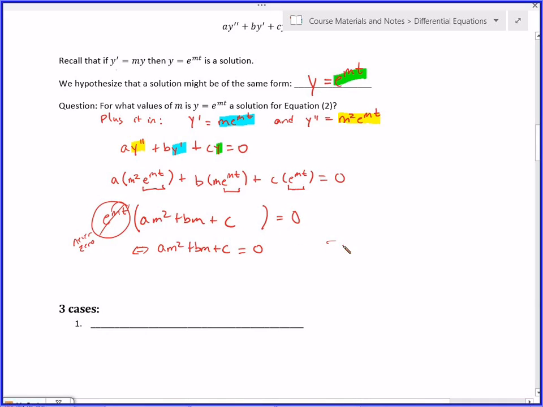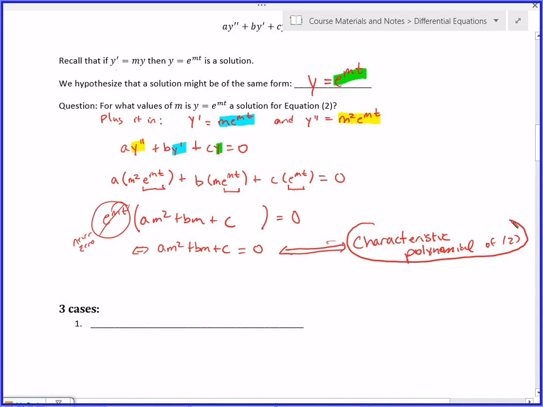This, by the way, has a name. It's called the characteristic polynomial. Particularly of that equation 2 at the top of the page. So this word right here is important.